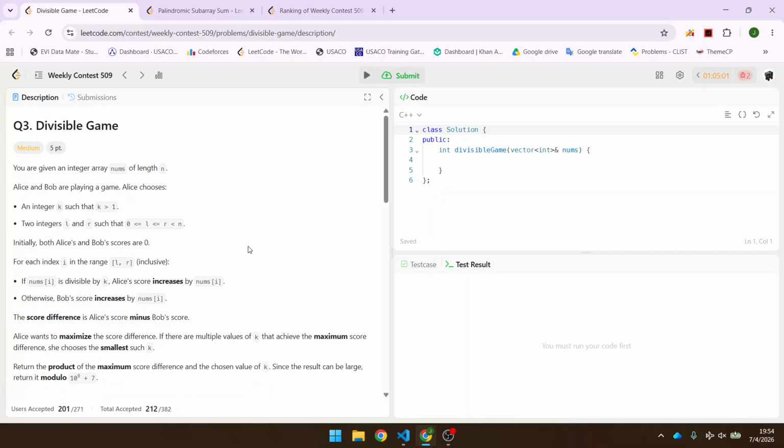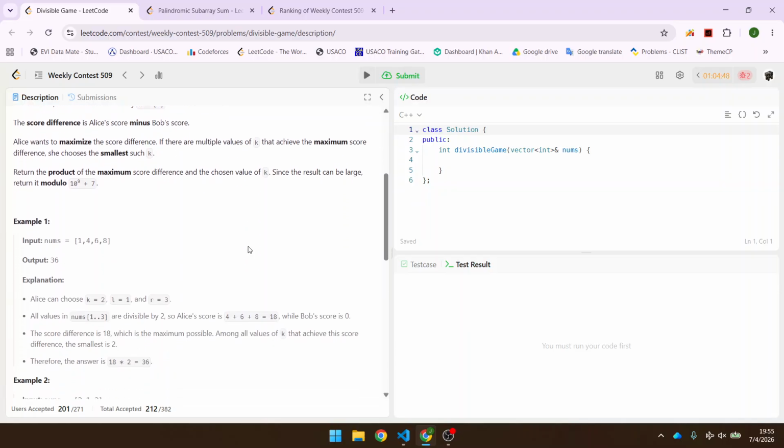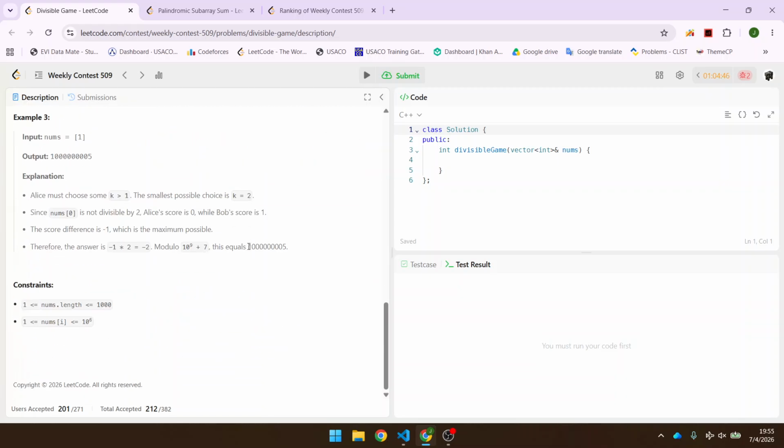There are multiple values of k that achieve the maximum score difference. She chooses the smallest such k. Return the product of the maximum score difference and the chosen value of k. Since the result can be large, return it modulo 10 to the 9 plus 7.